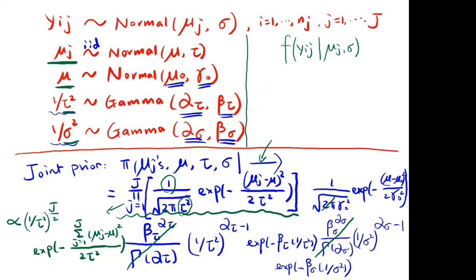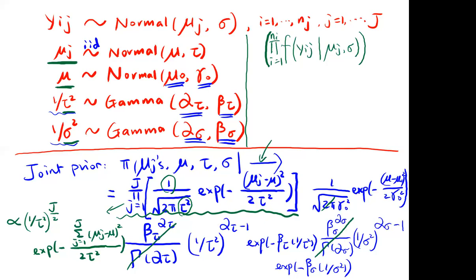So first of all, we know that within the same group, which is J, we have i from 1 to Ni, right? So that's all of the observations within one group. So I put a product of all of them, in a bracket. So this is representing the joint density of all observations in one group J. Right?